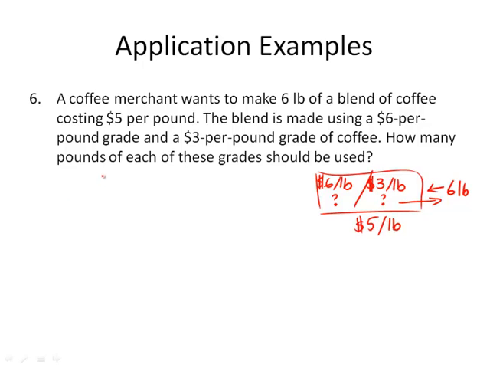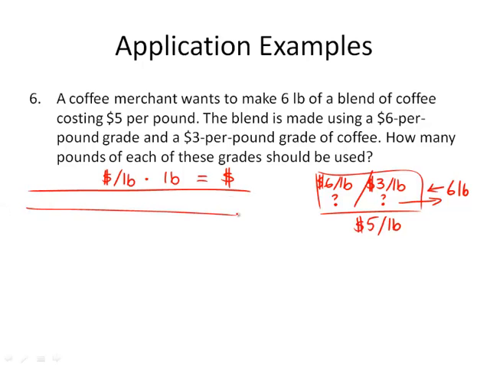So you could take the dollars per pound, and we know that when we take our dollars per pound and multiply by the number of pounds we've got, that's going to give us the number of dollars we spend. And since we're mixing two items, we could organize it in a table. Item 1, so maybe the expensive coffee and the cheap coffee, and then the mix.